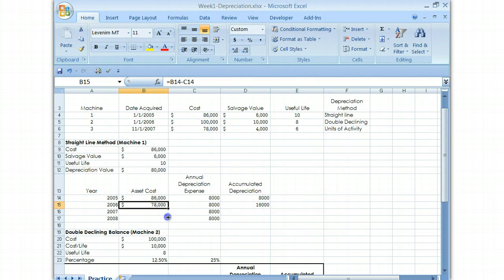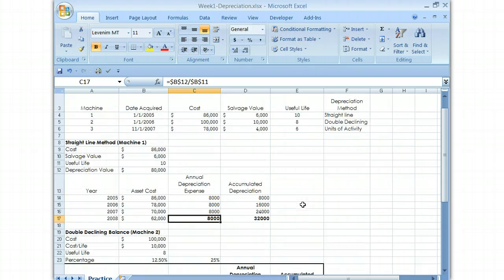And you can pretty much just copy down after you get the second line completed. So for 2008, to answer the question in the problem, our accumulated depreciation is $32,000, and each year we have $8,000 worth of depreciation. So that is machine number 1.